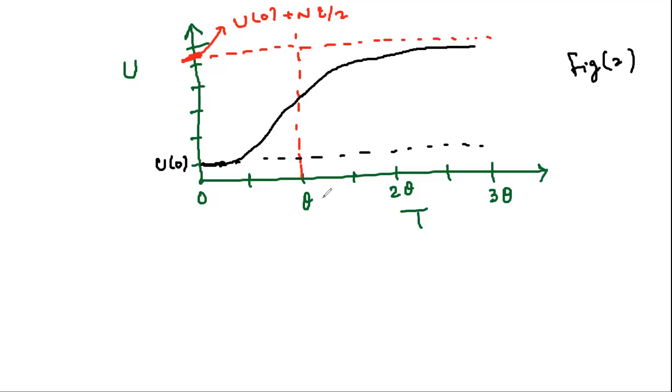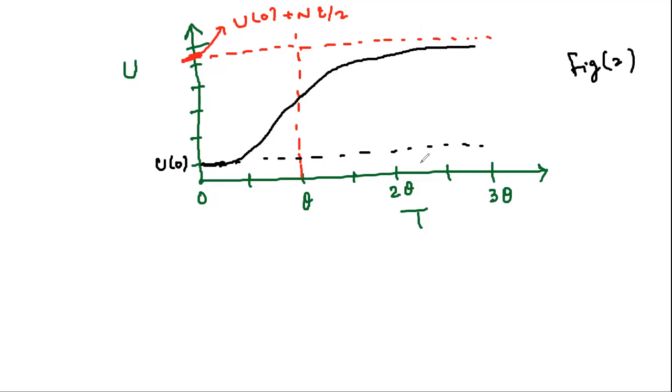Now when there is small temperature compared to theta, you can see the curve has one behavior. Then when T is large compared to the characteristic temperature, this internal energy saturates. It approaches the value U of naught plus N epsilon by 2.